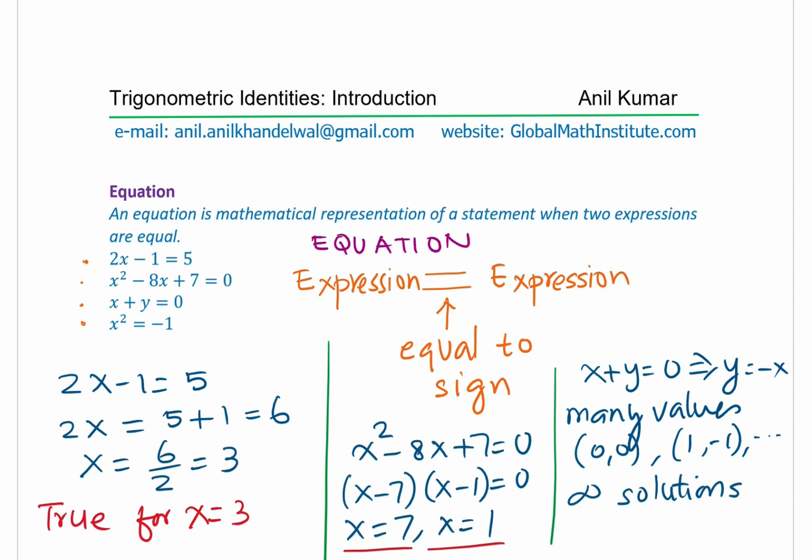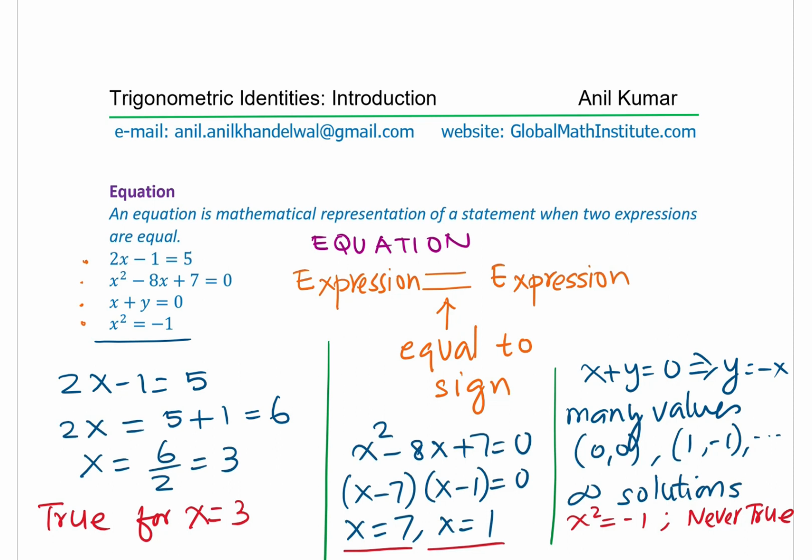How about the last equation, which is x squared equals minus 1? So let me write down here x squared equals minus 1. This is never true, since the square of a number is always a positive number. So what you notice here is that an equation may be true for some values, and it may not be true for any value.